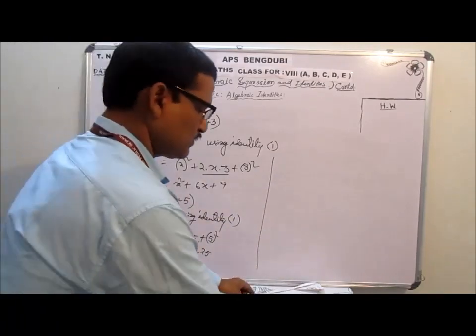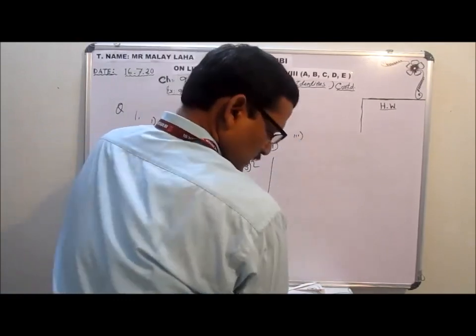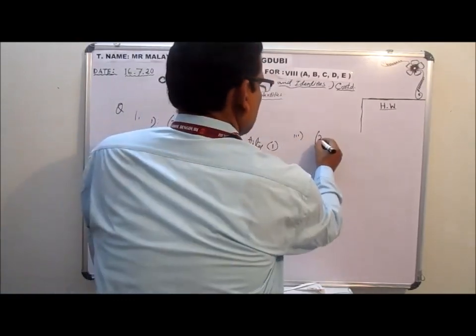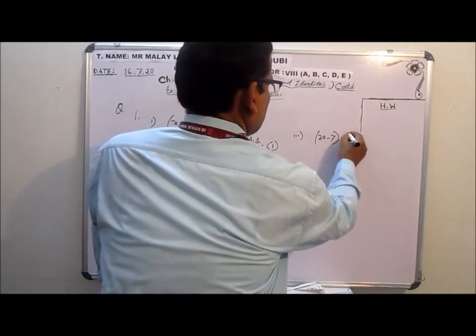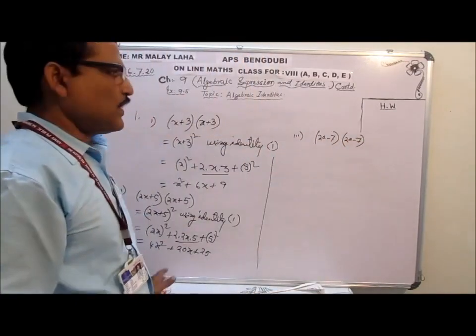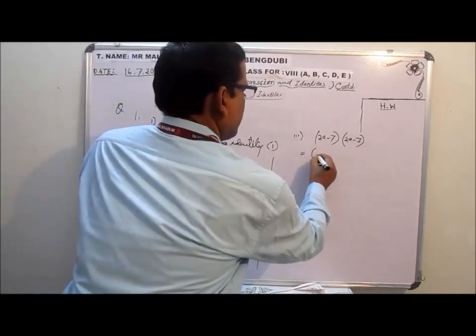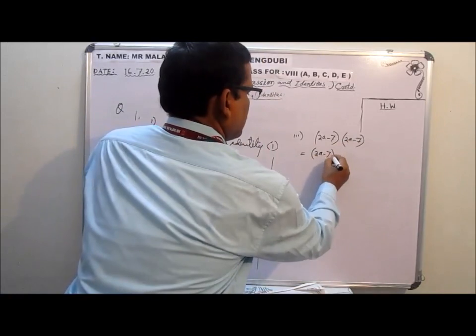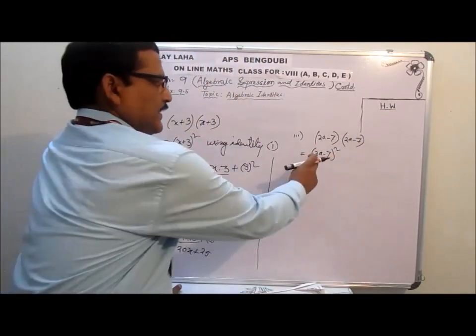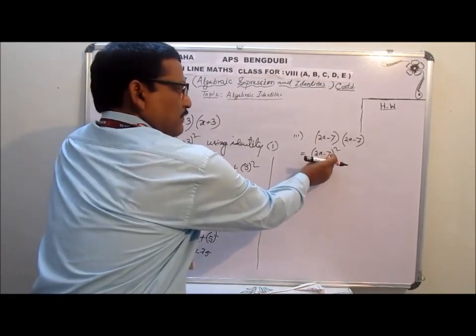Now coming to the next question. Third, (2a minus 7) into (2a minus 7). Okay? So I will not split and fix. I will follow the identity. This can be written as (2a minus 7) whole square. So this is (a minus b) whole square. A means 2a together, and 7 will be b.